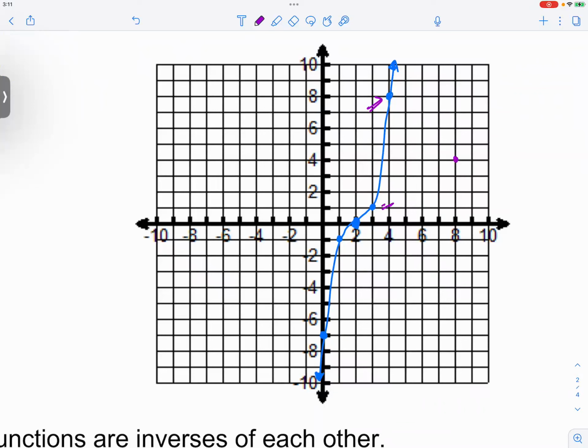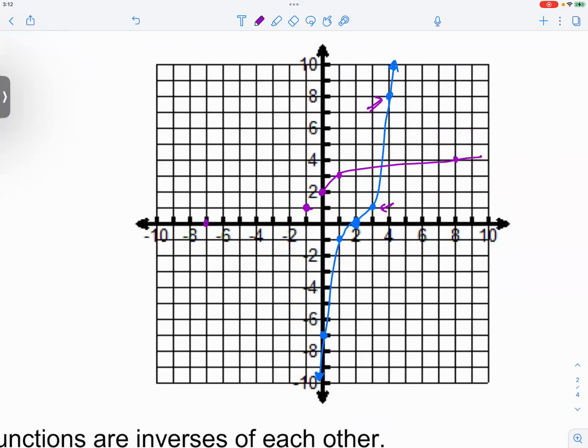Looking at this point, maybe this would now be 1 comma 3. Okay, 0 comma 2, and then this one right here, 1 comma negative 1 comma 1, and then the y-intercept would now be the x-intercept right here.